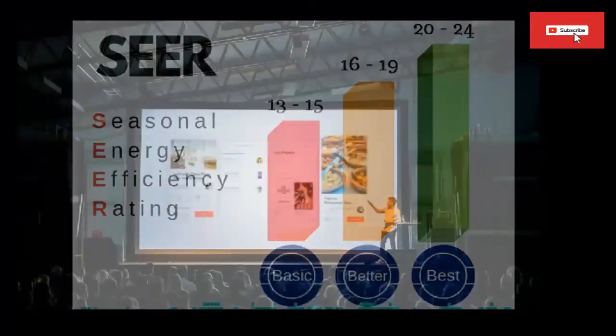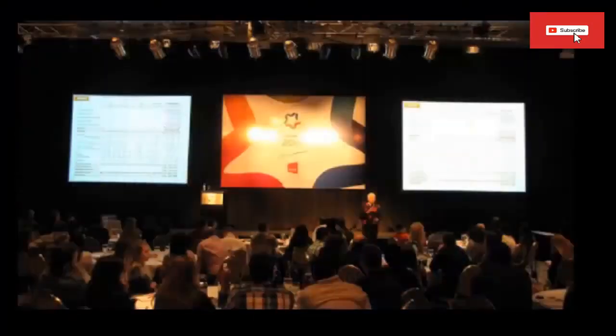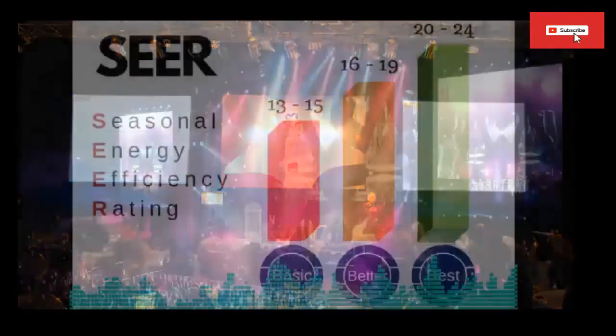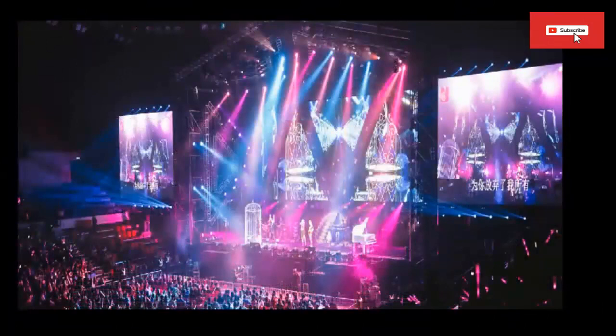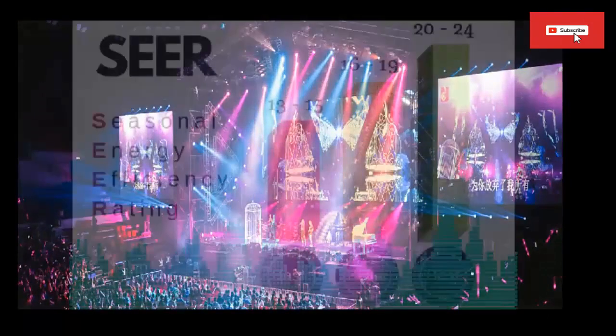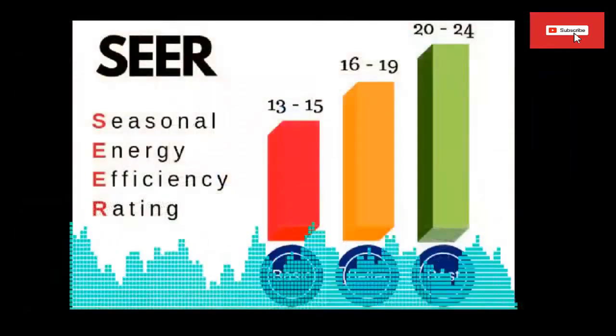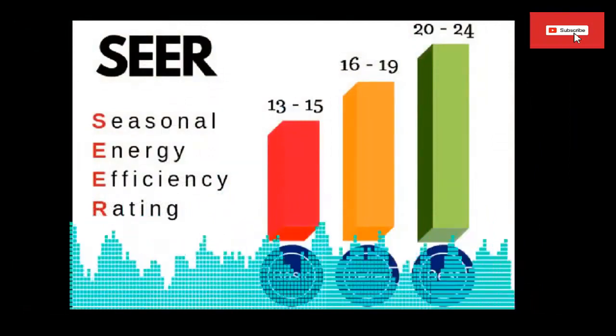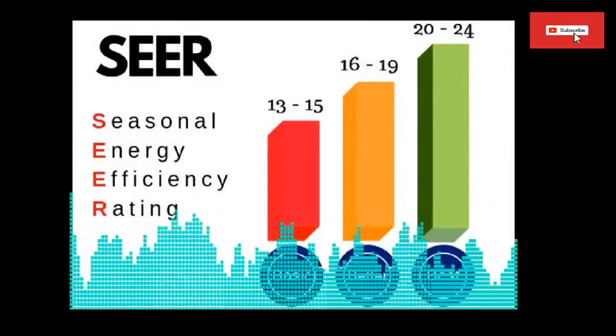We can also recommend an inverter unit. A clear example is the rooms that are rented by the hour. At times the classroom has one activity, on another day the classroom has a very different type of activity. So in those cases, a high-performance inverter air conditioner with a high SEER value is recommended.